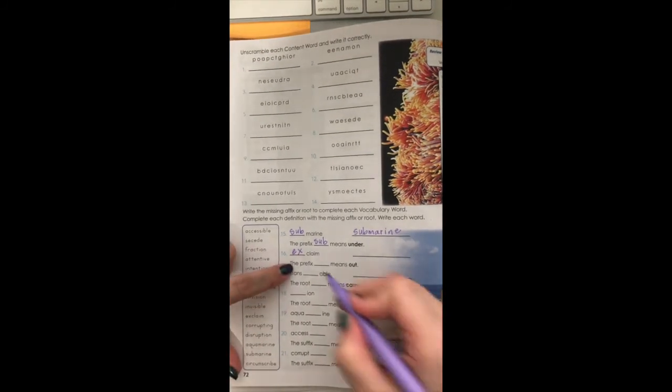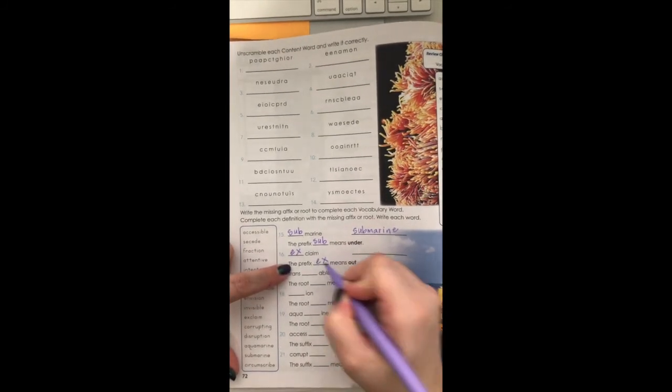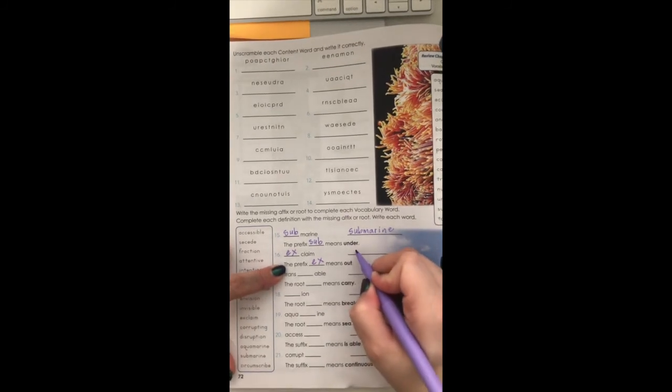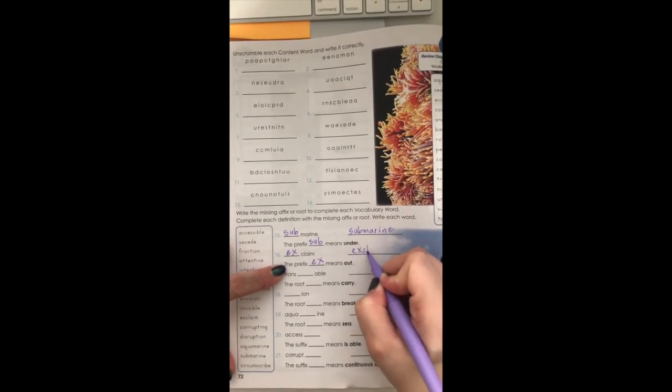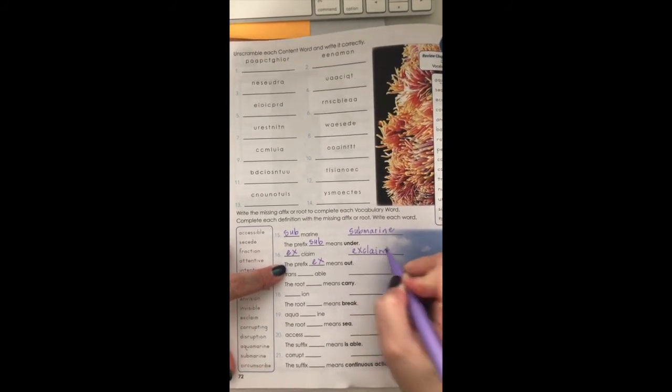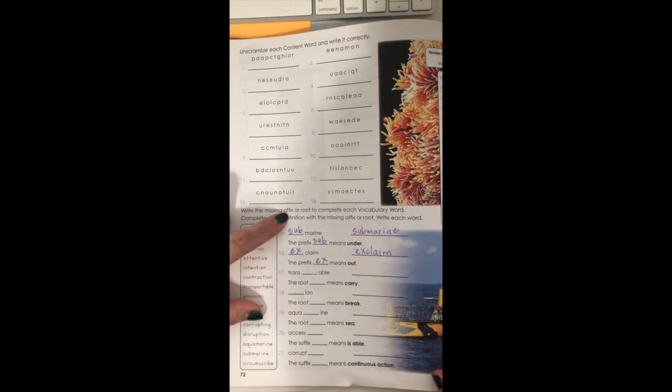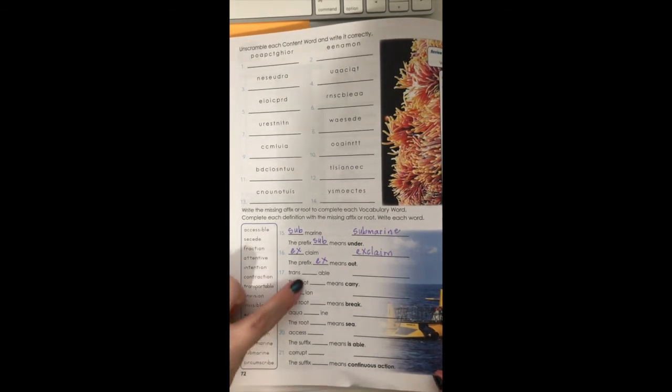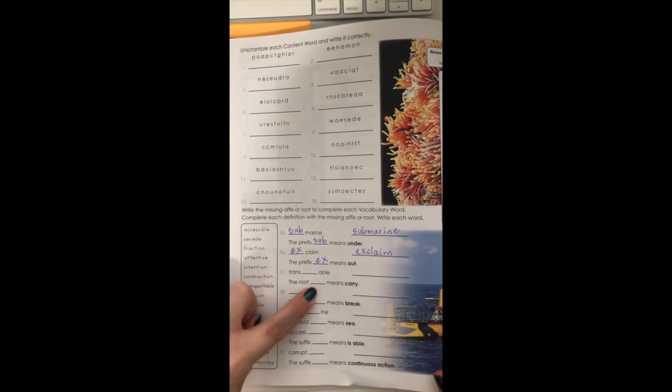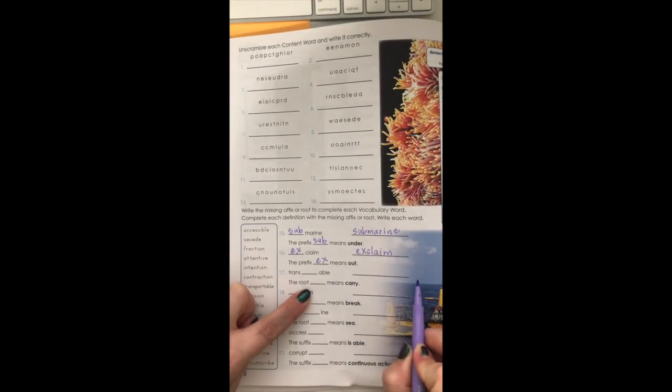The prefix ex means out, and then we would write the word completely here. So just know that the affix or root, so pretty much any missing part of the word, will go on the top and the bottom, and then you'll write the word completely here.